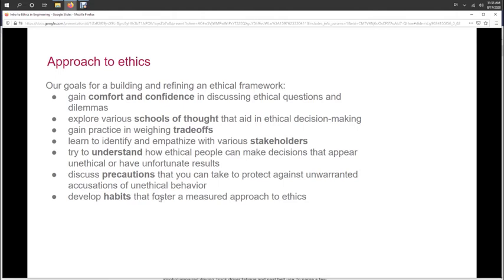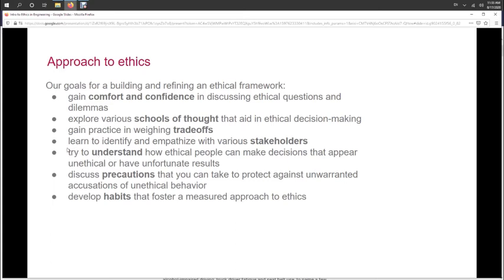We will learn to identify and empathize with various stakeholders. We will try to understand how ethical people can make decisions that appear unethical or have unfortunate results. We will discuss precautions that you can take to protect against unwarranted accusations of unethical behavior. And we can develop habits that foster a measured approach to ethics.